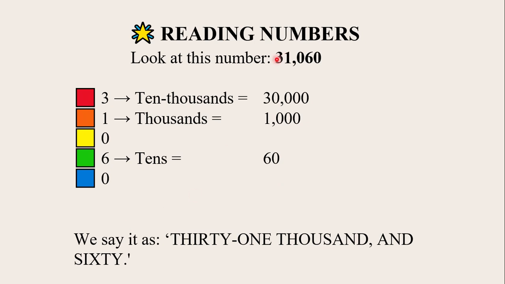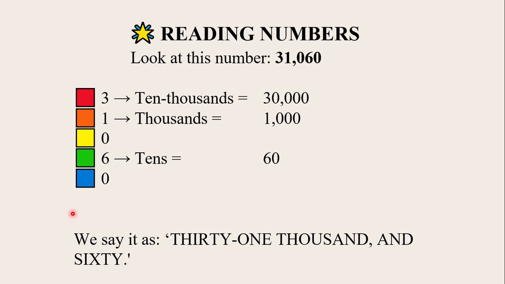We want to write it in words. 30,000 and 1,000, that is 31,000. I'll say that again. 30,000 and 1,000. The two of them together, that's 31,000. And what is left? 60, that is 60. So 31,060. That is the word for this one.